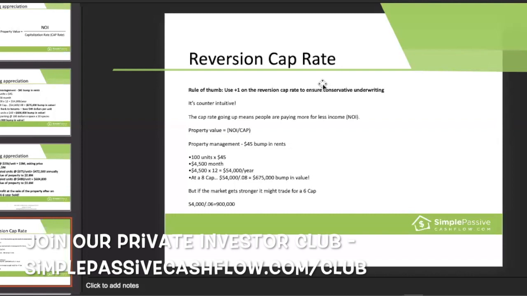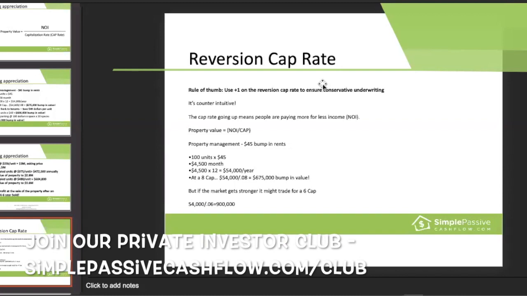If you're thinking about how these numbers all work and you're not quite a spreadsheet person, think about it in terms of changing the profit and loss statement: you're going to increase the income, you're going to decrease the expenses. So the underwriting tool is going to factor all that in. It's going to figure out, at the end of the business plan, what this property is valued at.